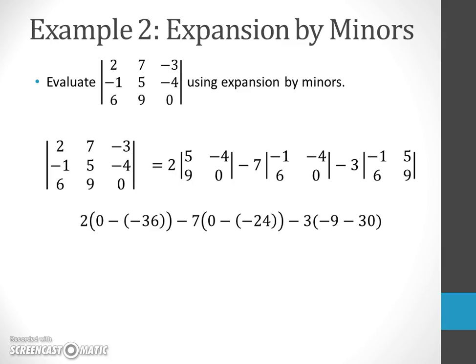So that gives us here, 5 times 0 was 0, -4 times 9 was -36. We get 0 minus a -24, and -9 minus 30. We're going to then simplify and then multiply, and we get 72 minus 168 plus 117, which simplifies down to 21.